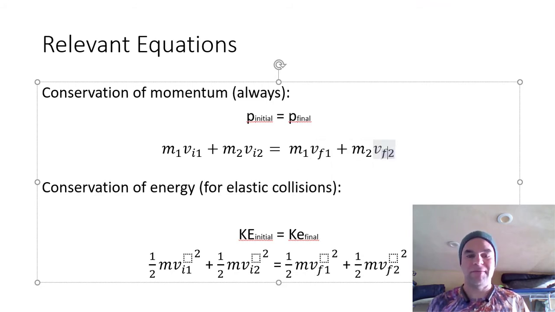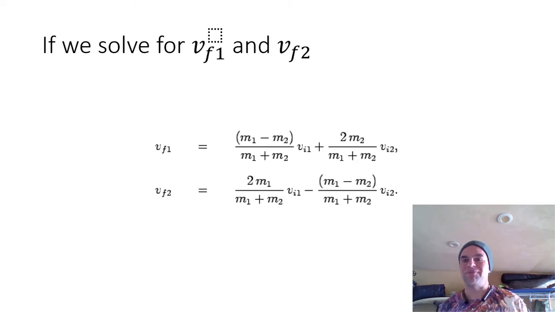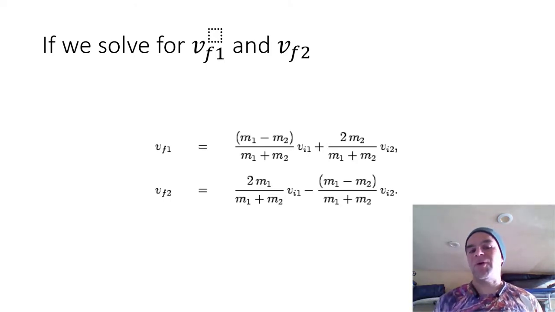If you did that, which is two short lectures' worth, you'll end up with these equations for the final velocity of object 1 and of object 2, where m1 and m2 are the two masses of the two objects, v initial 1 is the initial velocity of object 1, and v initial 2 is the initial velocity of object 2. So this will give you the final velocities of those two objects. And you can just plug numbers in to determine that if you're given a problem.